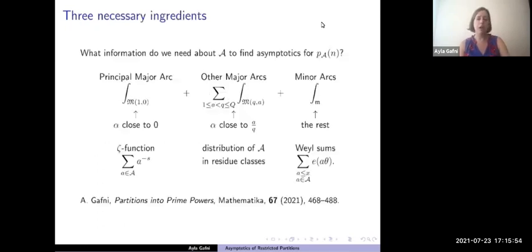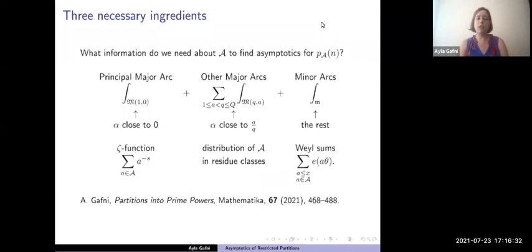So to summarize, we have 3 pieces of information that we would need to know. So let's say you had a set A and you wanted to know, can I find asymptotics for p_A(n)? As I mentioned before, we've already had kth powers, we've had primes, we've had powers of primes. But what if you had another set in mind and you wanted to know, can I use a similar method to find the asymptotics of the restricted partitions into that set?